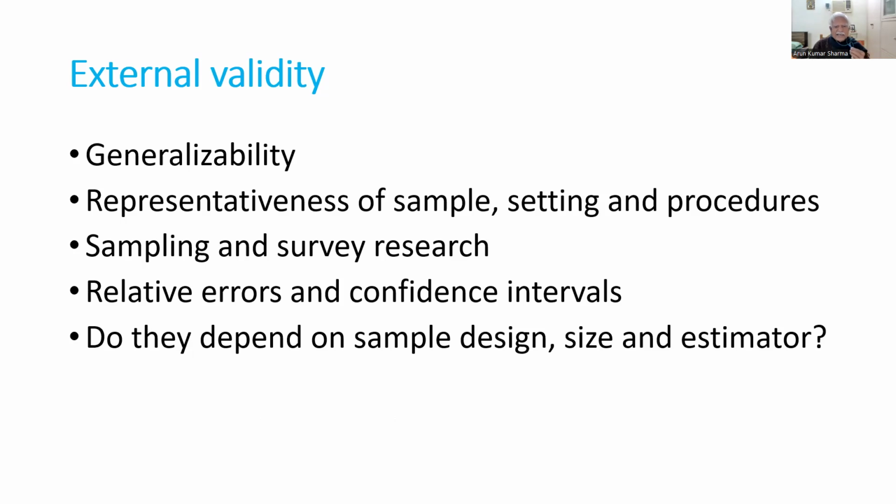They include relative errors, confidence interval. Therefore, we have to calculate confidence interval, 95% confidence, 99% confidence interval. And all these errors or sampling fluctuations depend on many things, including your design, size, and estimator.